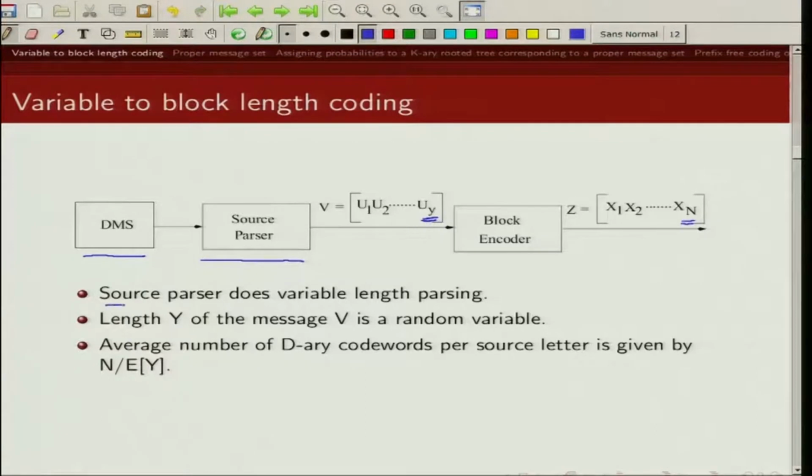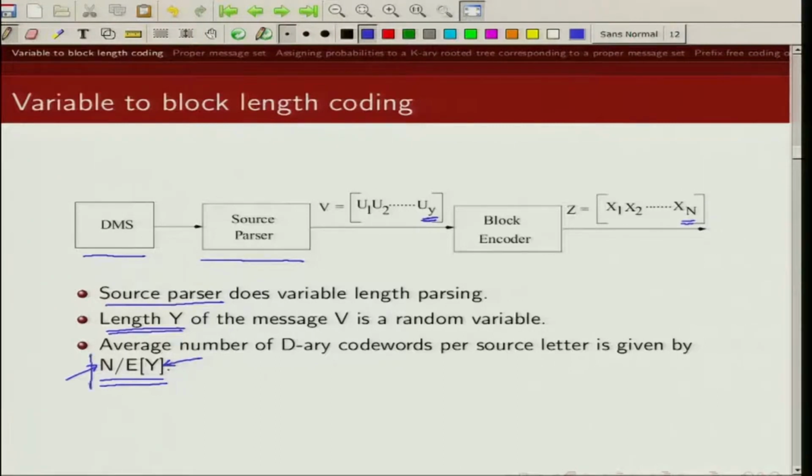So our objective is to design a source parser which will do this variable length parsing of the input bit stream, and our input block size Y is a random variable. Ideally, we would like Y to be large, because n is fixed, and the average number of bits for the code word per source letter is given by n by expected value of Y, because n is the output code word length and expected value of Y is the expected input block length to this block encoder.